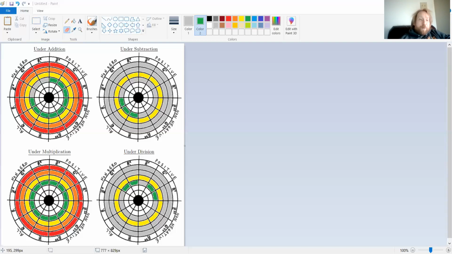So, for example, under addition, the only sets that are not closed are the non-zero ones, Z star, Q star, R star. Under subtraction, only the whole sets of Z, Q, and R are closed. The rest of the sets are not closed under subtraction. Under multiplication, you see green everywhere.